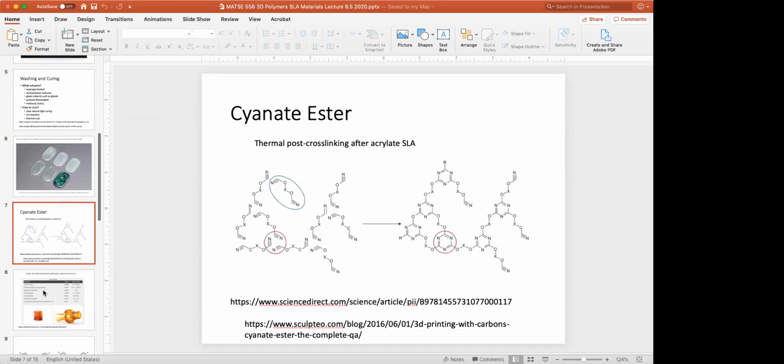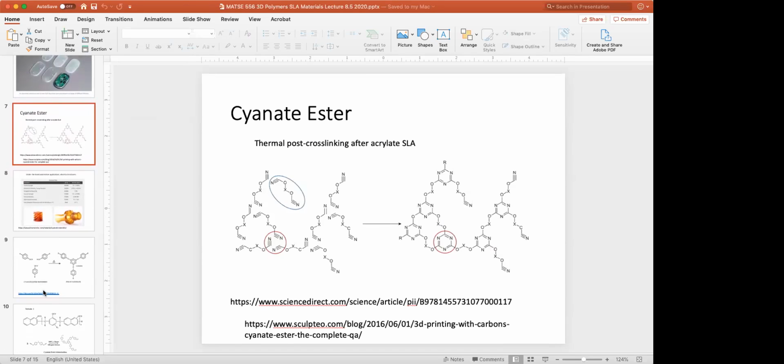So, cyanate esters are one of the newest types of 3D printing resins that are available, and they're really useful because they have properties that are similar to epoxies, and they have the ability to be both photocured using acrylates and then post thermally cured.